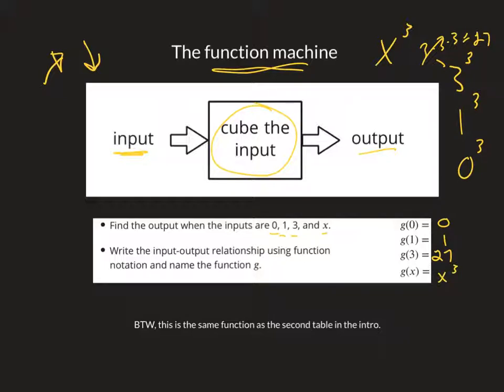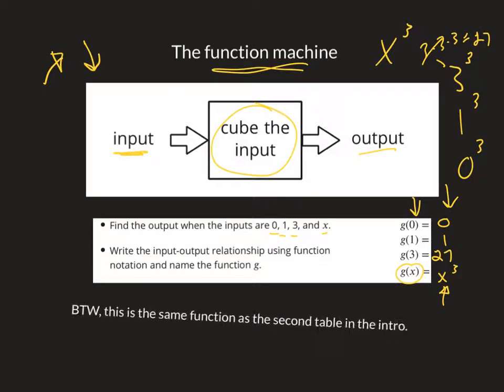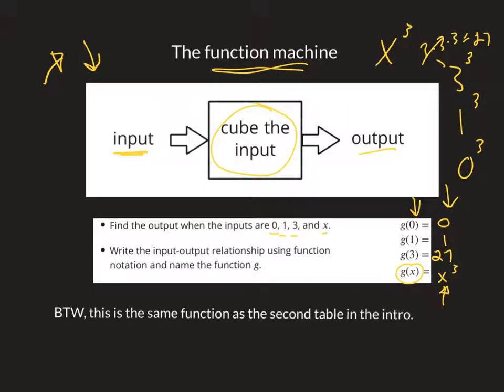So we have our inputs, 0, 1, 3, and x, and our outputs. This is expressed in function notation as g of x, and that output is x to the third. And by the way, this was the same function as the second table in the intro.